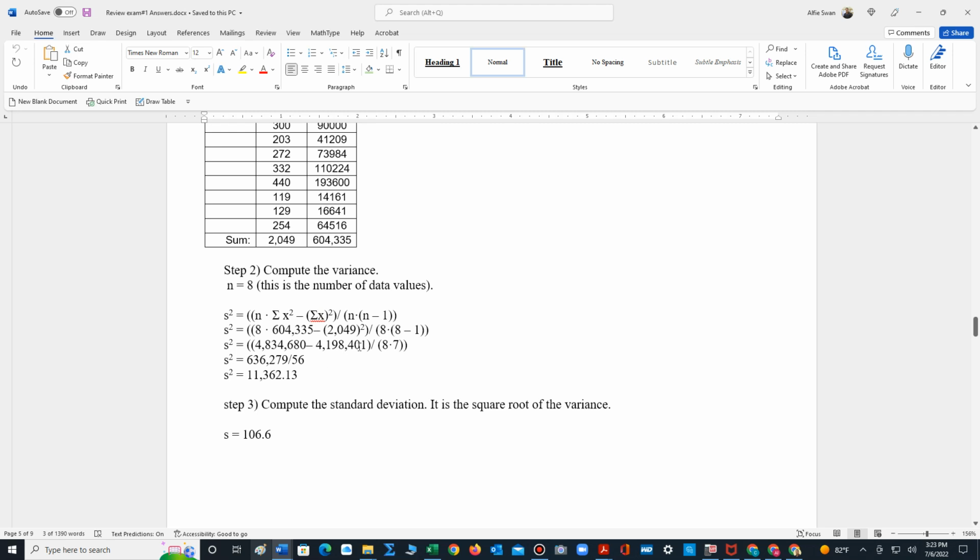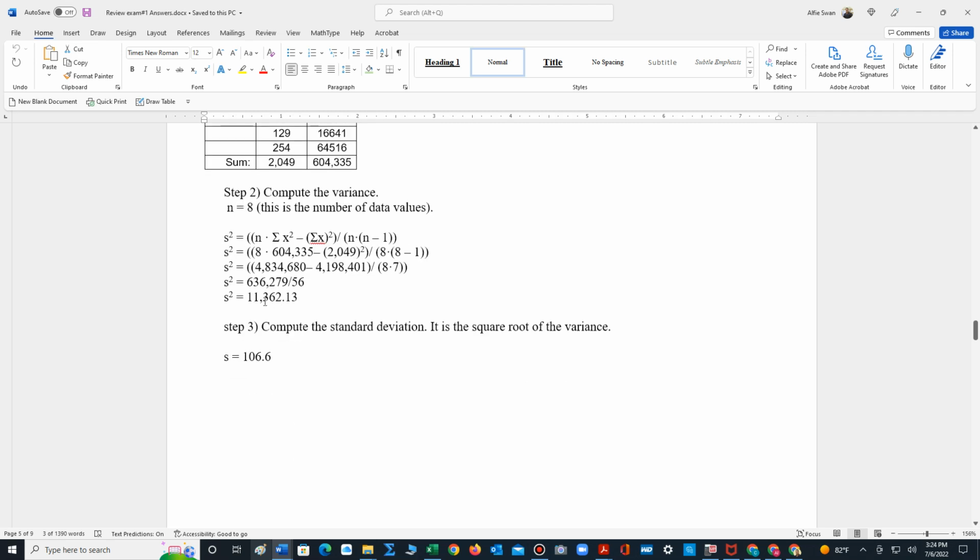We perform the computations to get 636,279 divided by 56, which is 11,362.13. Take the square root of that to get 106.6 for the standard deviation. The variance is 11,362.13.